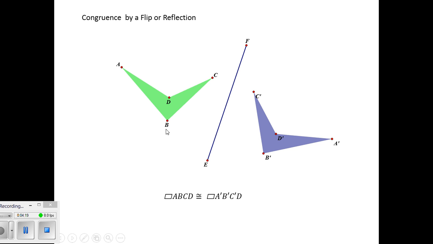D and D, B and B, just by virtue of their position. A has to match up with what should be over here, which is A prime, which is what you would get when you flip. So A is going to A prime, C is going to C prime, because of the flip. It's not a slide, like we saw in earlier ones.